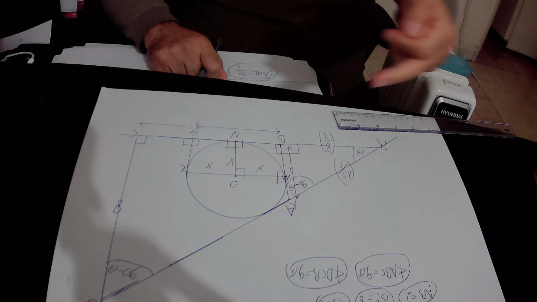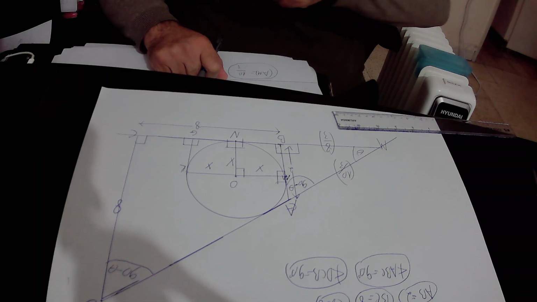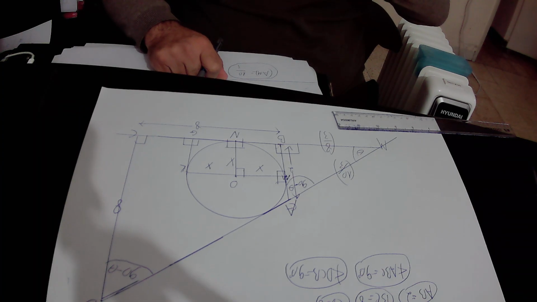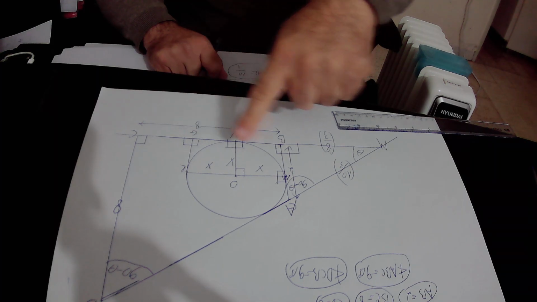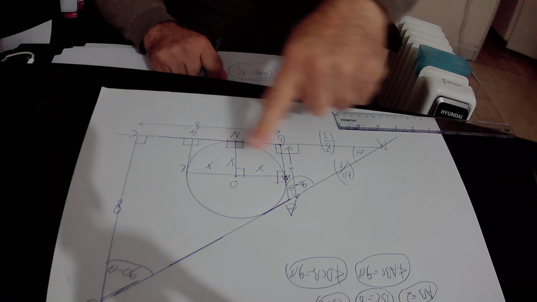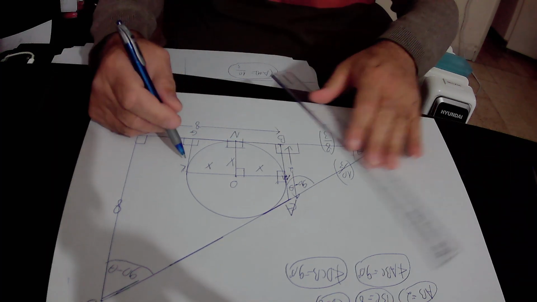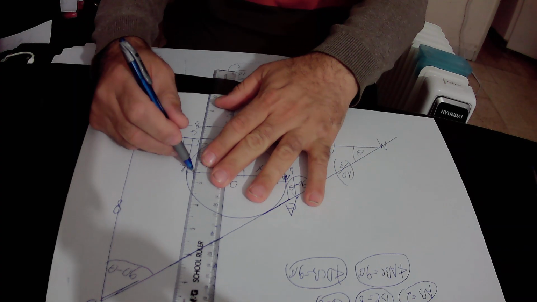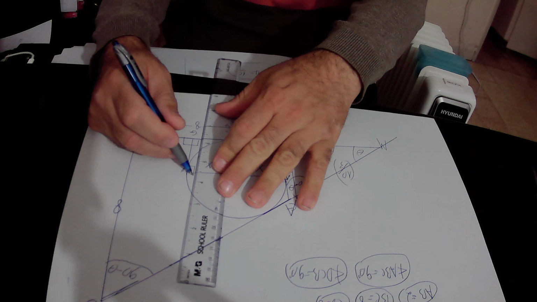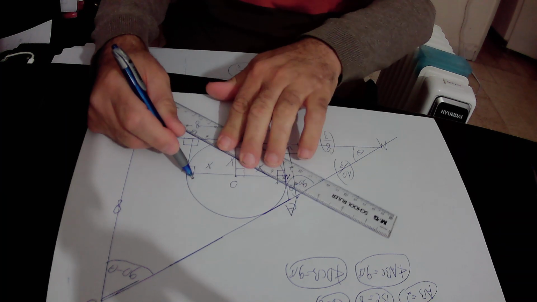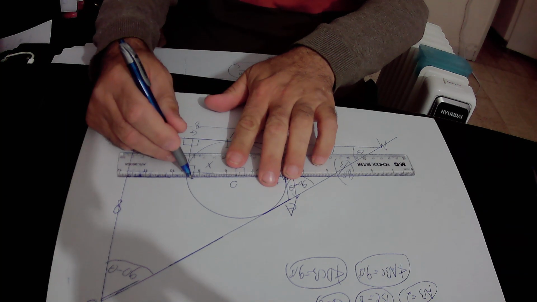And whenever you have a radius that is drawn to the point of tangency, then tangent GL will be perpendicular to the radius LO. So if GL is perpendicular to LO, it means that this angle equals 90 degrees, and this angle also will be equal to 90 degrees, according to rule number 1.